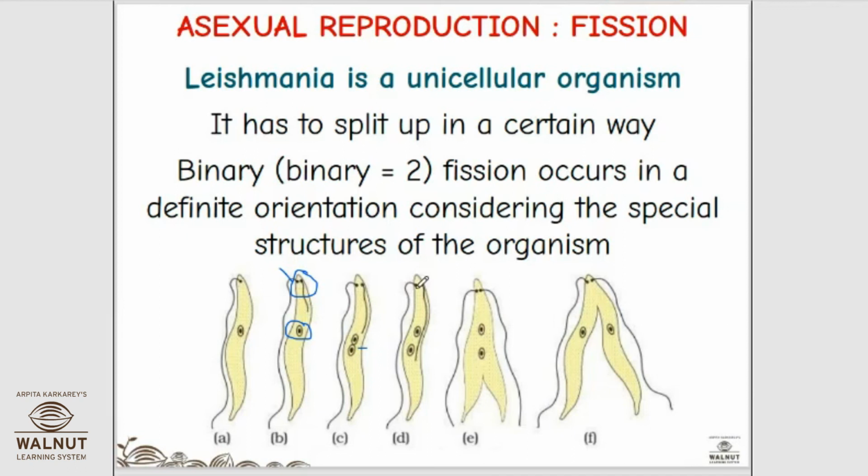This flagella has fully grown. Now the cytoplasm starts dividing slowly and the cell completely divides into two cells. This is also binary fission. So in binary fission, you have seen amoeba and you have seen Leishmania. Are these two examples understood and clear to all of you?